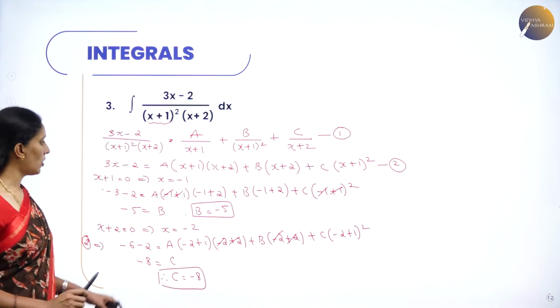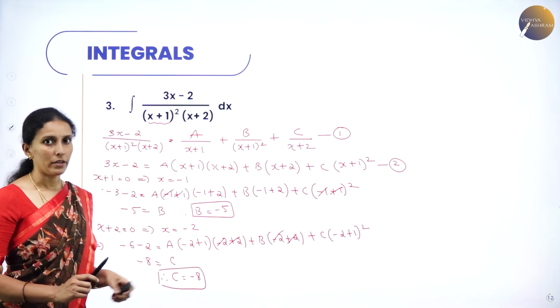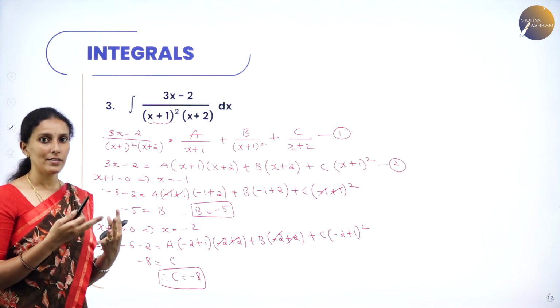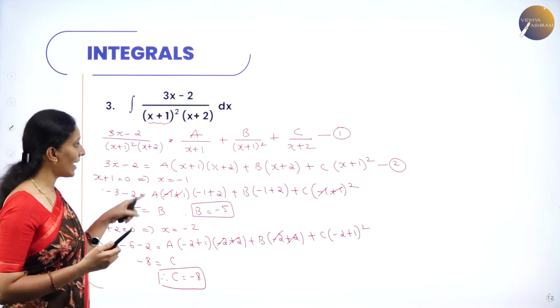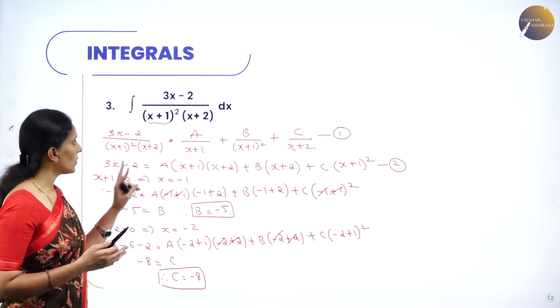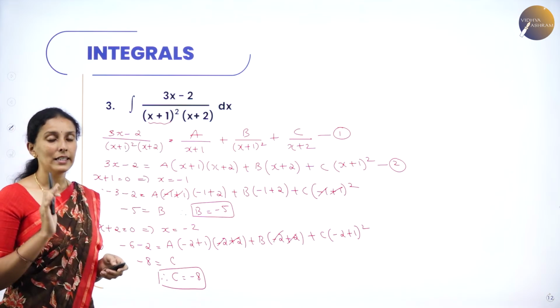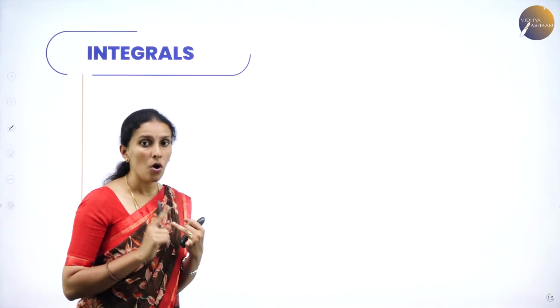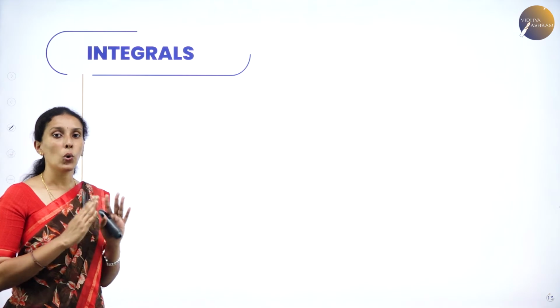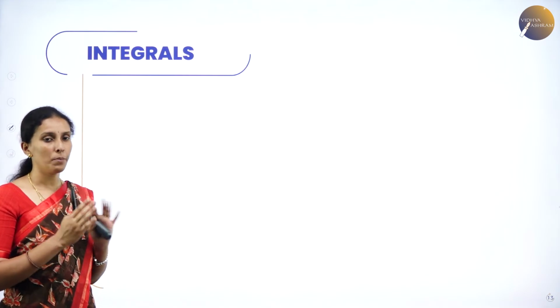Next we need to find out the value of a. If you have 3 factors, it is easy to find all the 3 constants, but here you don't have all the 3 factors. Since you have only 2 factors, the other way you can do it is put x is equal to 0, or you can equate the coefficients of x square on both sides.